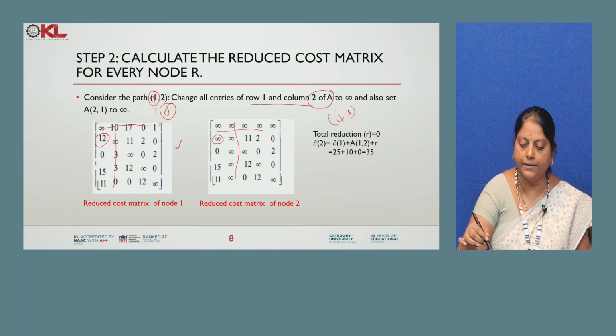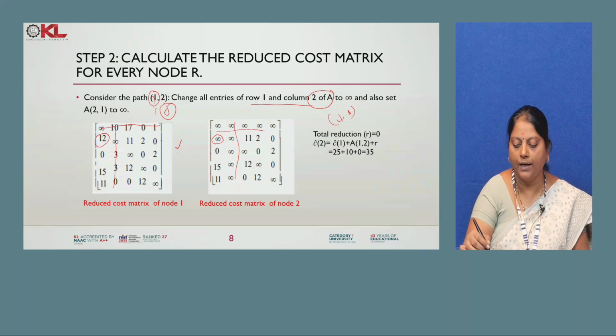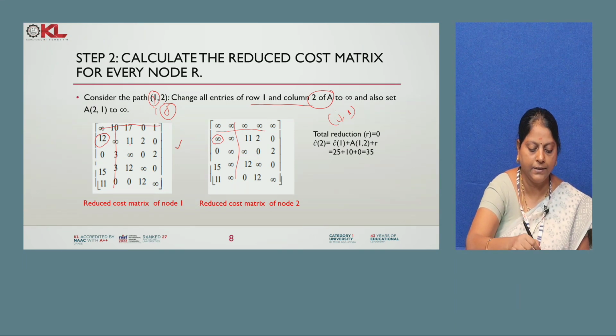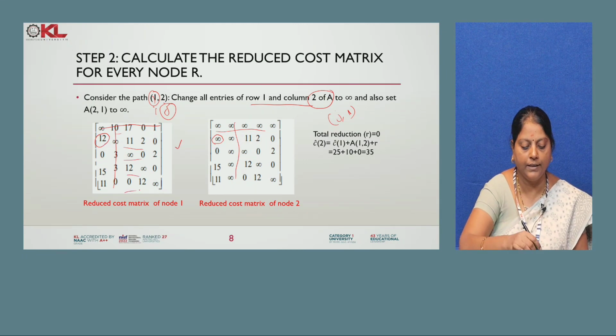After that, apply row reduction and column reduction. In this matrix, all the rows have at least one 0 and all the columns also have at least one 0. So there is no reduction, so the R value is 0.